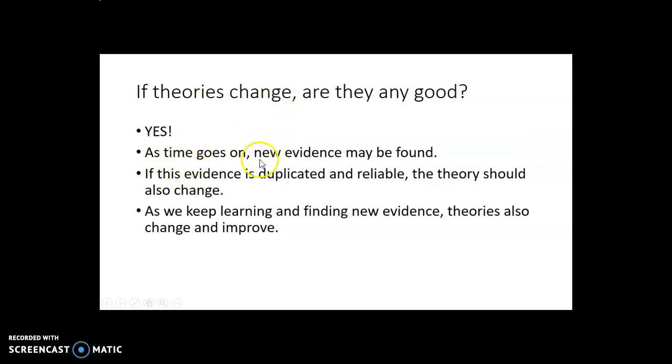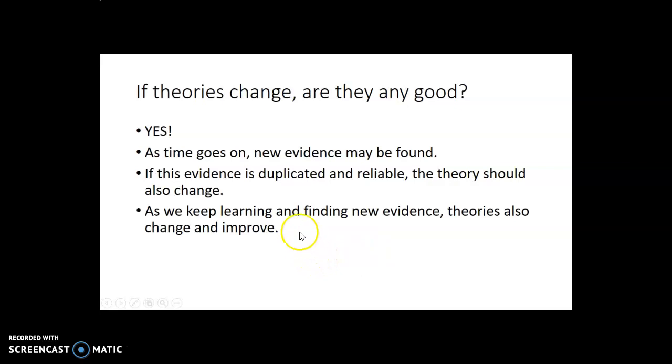Okay. So as time goes on, new evidence may be found that might cause a theory to have to be changed in some way or shape or form. Okay, if this evidence is duplicated and reliable, then the theory should also change. That's the beauty of a theory. A law shouldn't really change. Okay, and as we keep learning and finding new evidence, theories also change and improve.